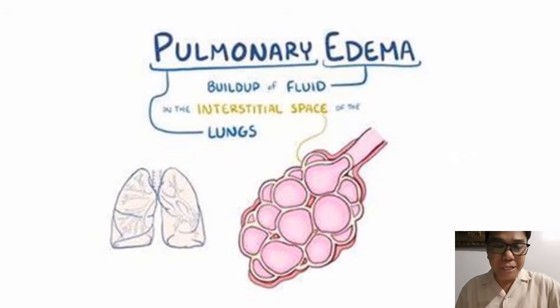So, since there is accumulation of fluid in the interstitial spaces, we also need to drain those. So by using diuretics, we could give diuretics as ordered. So some health teachings, we need to tell them to be compliant in terms of the medication. Okay.